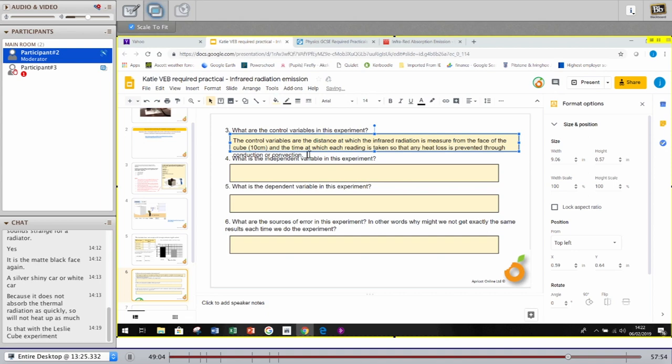So one of the control variables is temperature. Good. Brilliant. Well done. So what was the independent variable in the experiment?